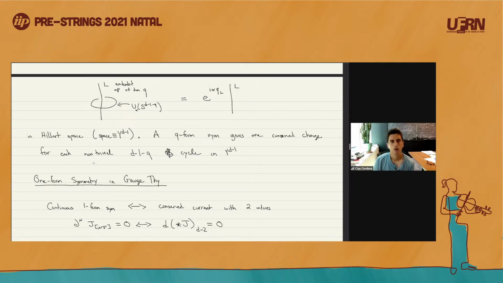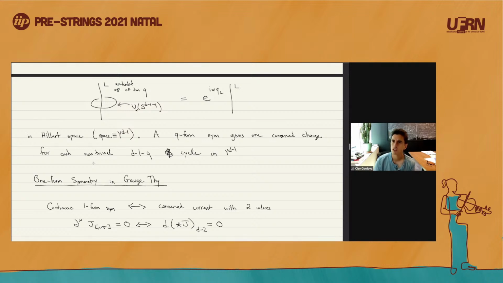And what we find here is that a Q-form symmetry gives us, let's do the continuous case, which is what I've written here, one conserved charge for each non-trivial (d-1)-minus-Q cycle in space, which is this Y_{d-1}. Orient yourself first by considering the case Q equals 0.